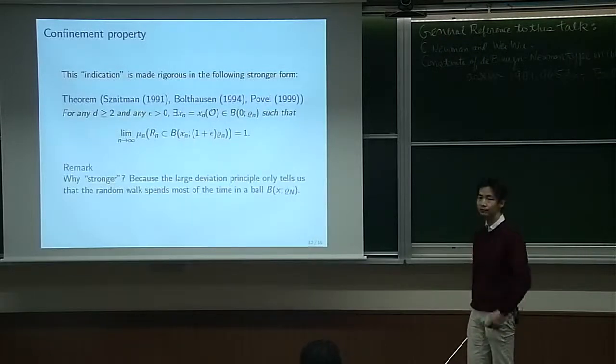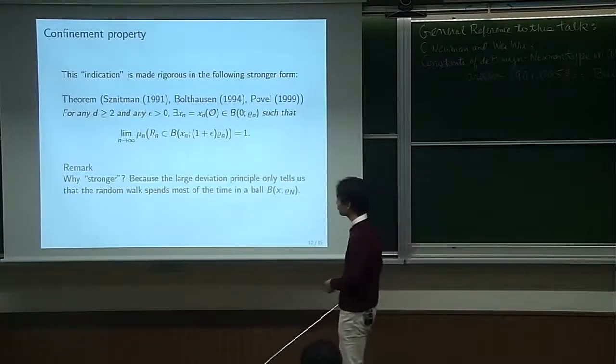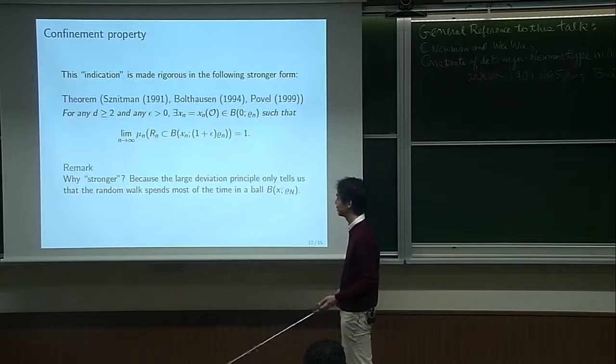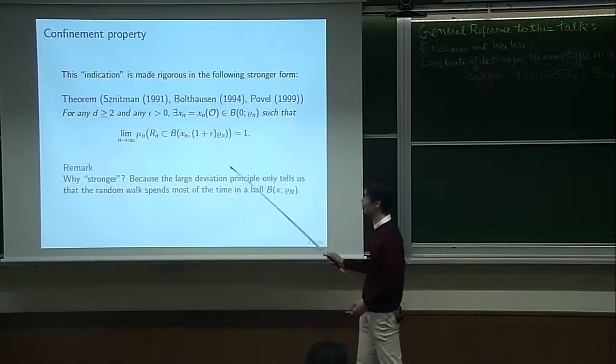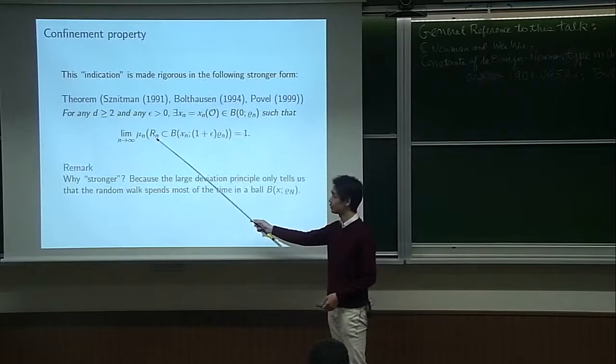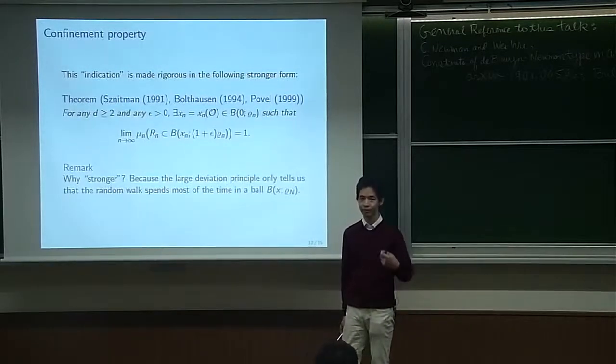And this is in fact a bit stronger than what Donsker and Varadhan's arguments suggest in the following sense. Well, I cannot tell you the details, but the large deviation principle is not about the range of the random walk, but actually it's about the occupation time of the random walk.